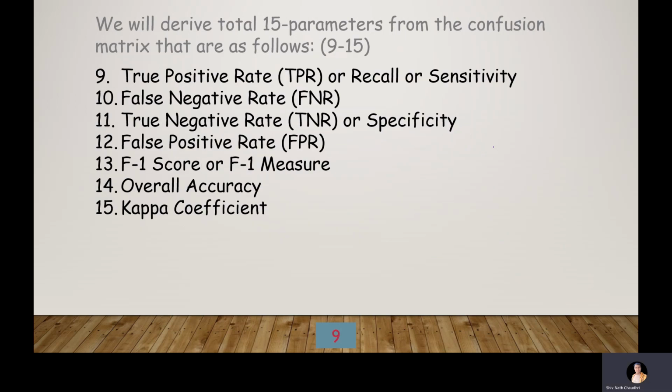Moreover, true positive rate TPR, also known as recall or sensitivity, false negative rate FNR, true negative rate TNR, also known as specificity, and false positive rate FPR are also the parameters that are derived using two types of the corresponding elements of the confusion matrix.